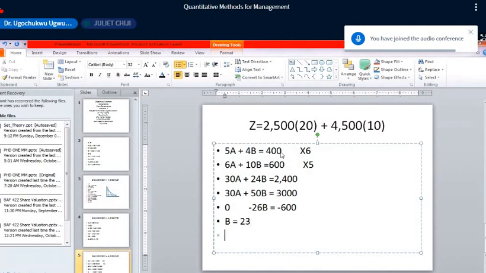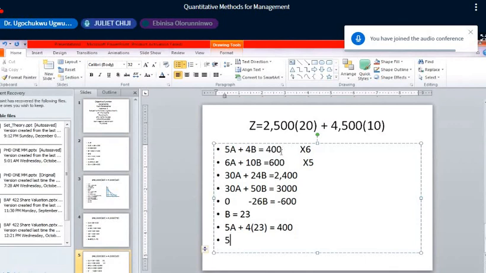So now how do we find our A? It's just to substitute this in any of those equations. So let us say 5A plus 4 into 23 is equal to 400. 4 times 23 will give you 92.